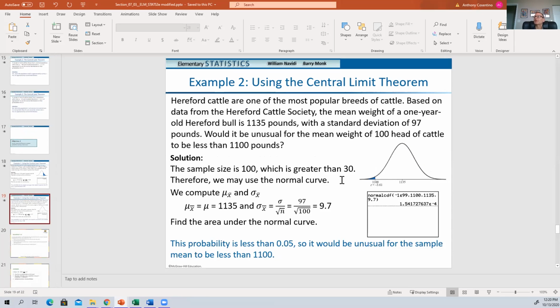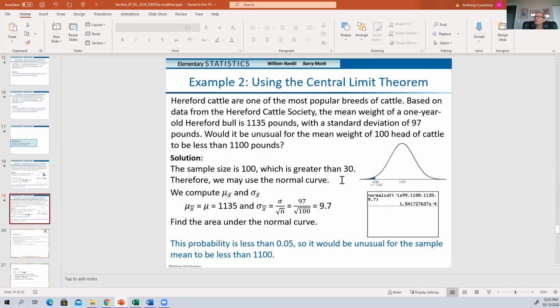So what does this say? Cattle are one of the most popular breeds. Based on the data, the mean weight of a 1-year-old Hereford bull is 1,135 pounds with a standard deviation of 97.